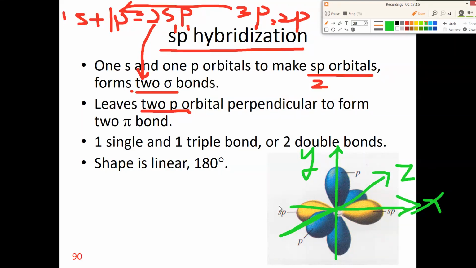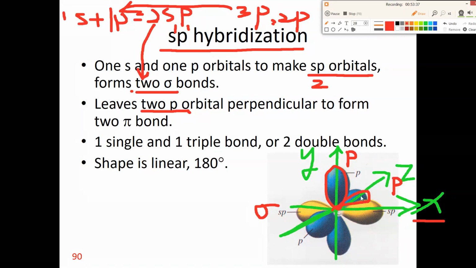If the sigma bond is along the x-axis, the other two p orbitals are along the y-axis and the z-axis. The other two p orbitals are perpendicular to each other, and also perpendicular to the sigma bond.